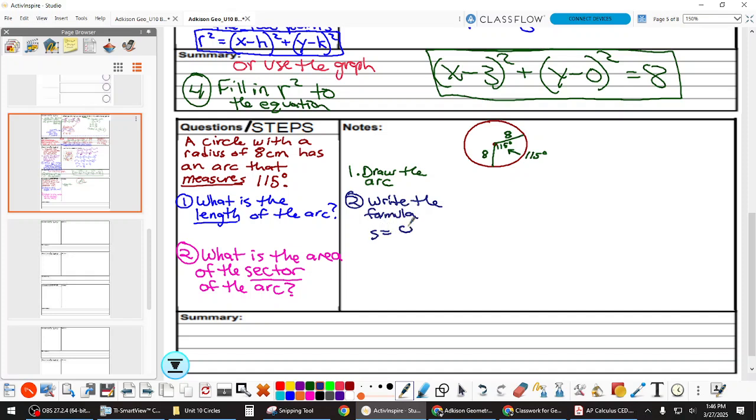S equals theta out of 360 pi times diameter. Okay? And then just fill out what you know and solve. It's kind of the usual steps that we take. What's the diameter? 16.